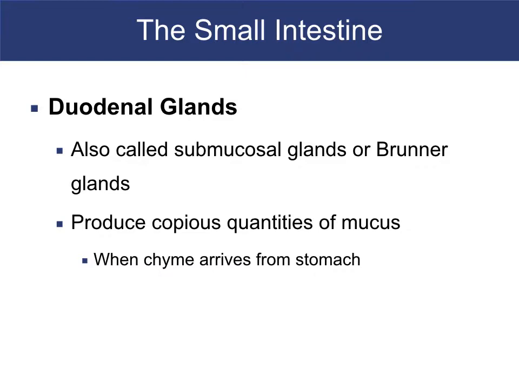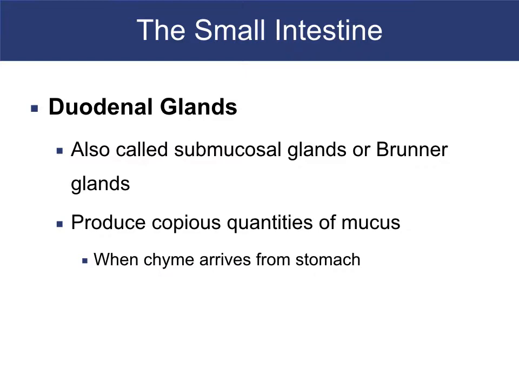Okay, the wall of the duodenum is very interesting under the microscope. And remember, the duodenum is where you've got strong acid coming in and mixing with strong alkali from the pancreas. So because of that, the duodenum has to be very, very well protected, and to do that, it has an extra copious amount of mucus made there.